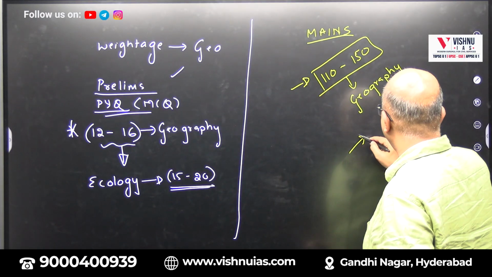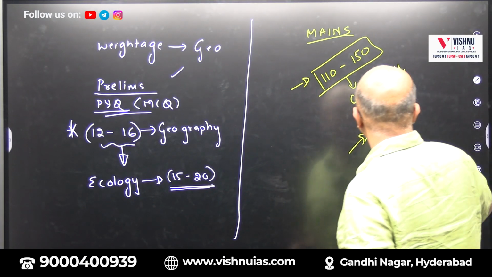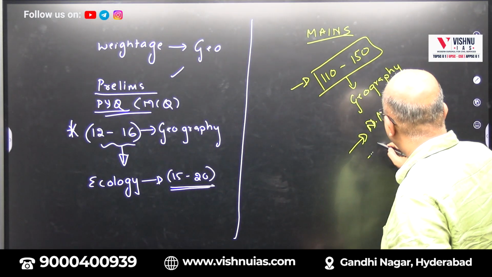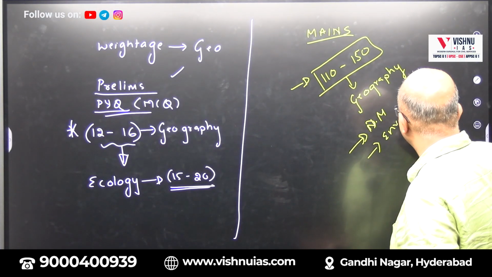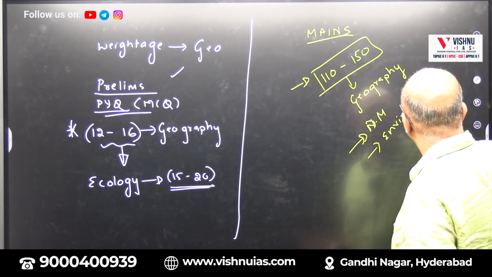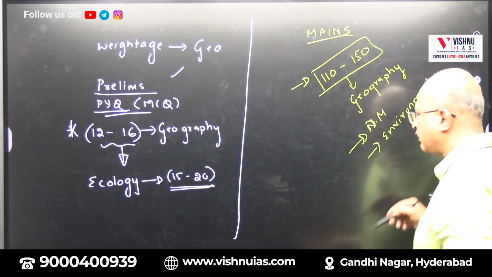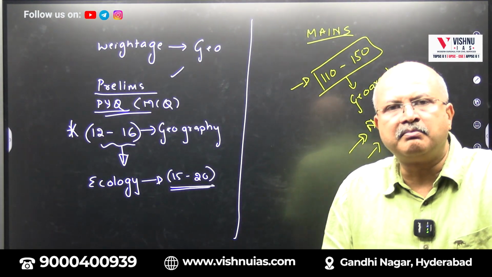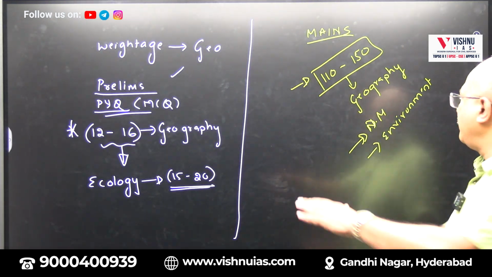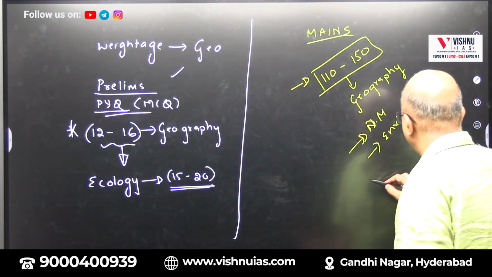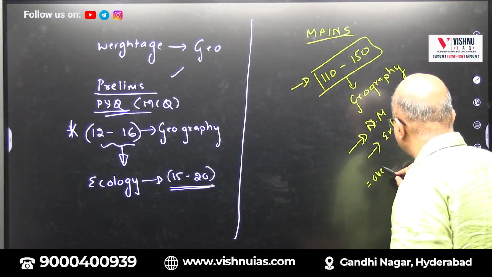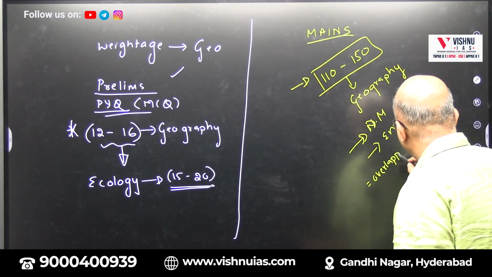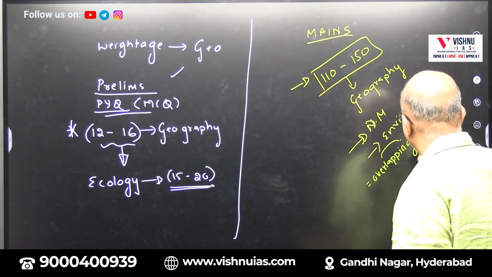It can be in the form of disaster management, or environmental concern, or some portion where they overlap, because geography is referred to as multidisciplinary. We find many topics where geography overlaps. You can't completely isolate geography from other subjects.